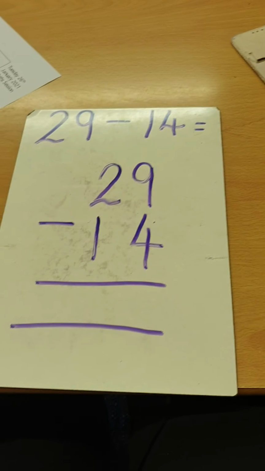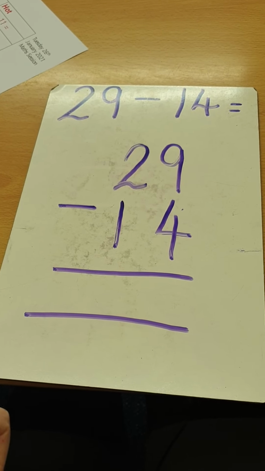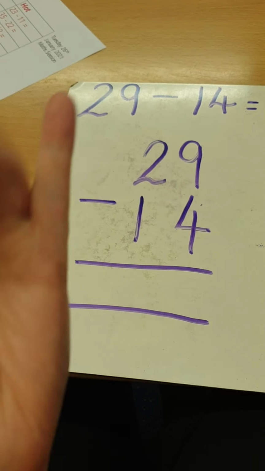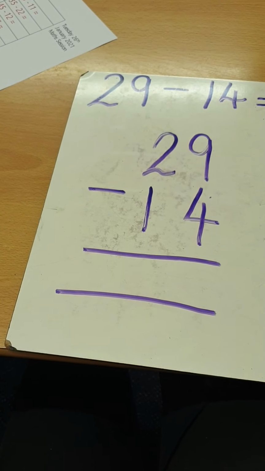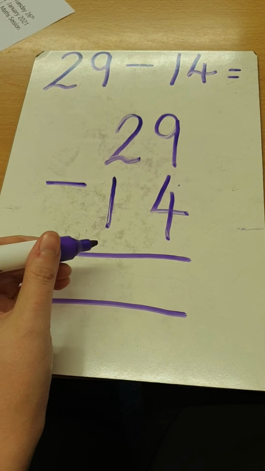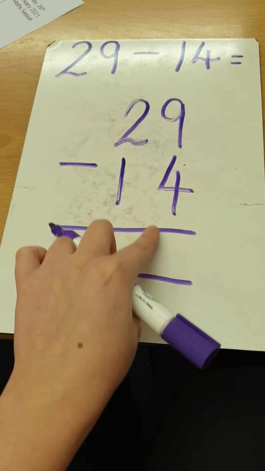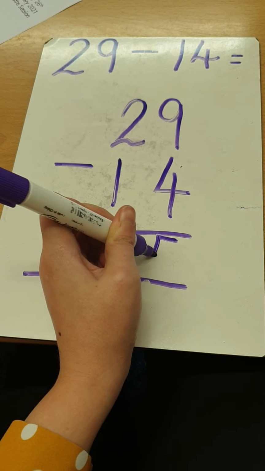So let's put 9 in our head and we take away 4. Are you ready? Let's go. 8, 7, 6, 5. So how many ones have we got left? We've got 5 ones, and I'm going to follow my ones column down. And in between the lines, I'm going to write 5.